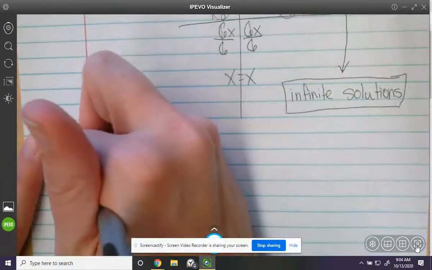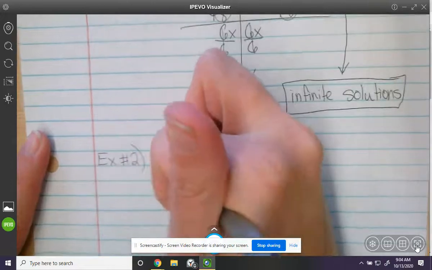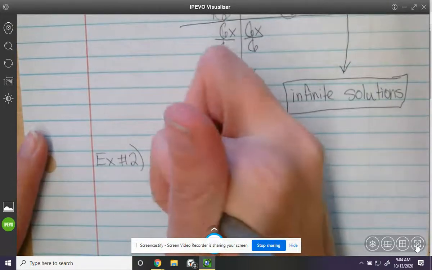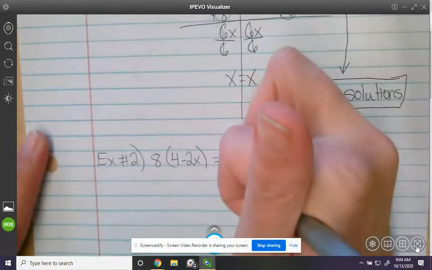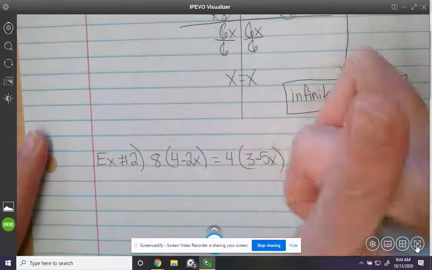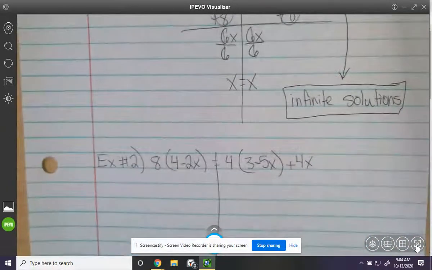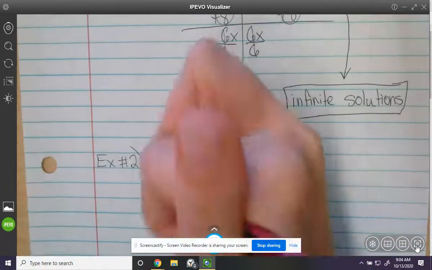Okay, so example number 2. We got 8 times (4 minus 2x) equals 4 times (3 minus 5x) plus 4x. First thing is distribute.